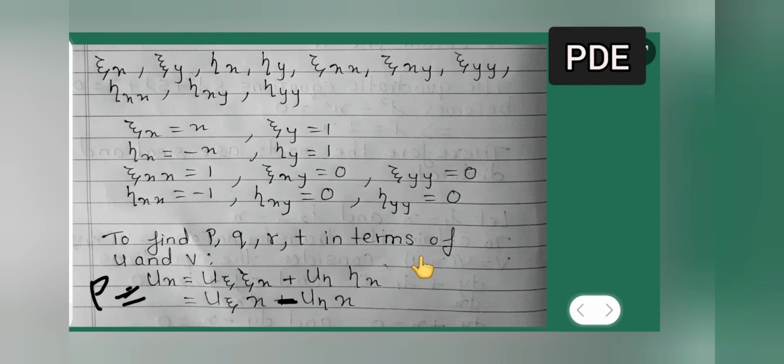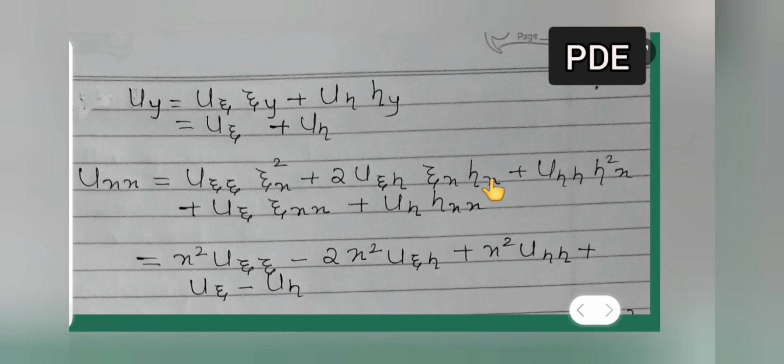Eta x is nothing but minus x, and this is minus. So it will be minus u eta into, plugging the value of eta x over here, minus x. So this minus and here x. Next we need to find out the value of q. So basically this is q.